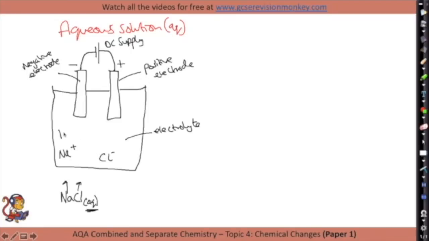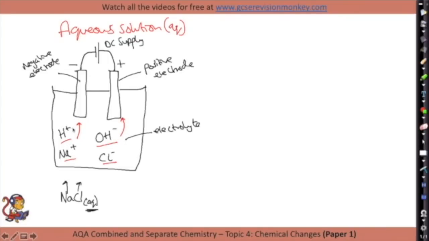So you would also have hydrogen ions and also hydroxide ions in that solution. And that poses a problem because you have two negative ions and two positive ions. So that means that you need to predict what is going to go to the negative electrode and what is going to go to the positive electrode.